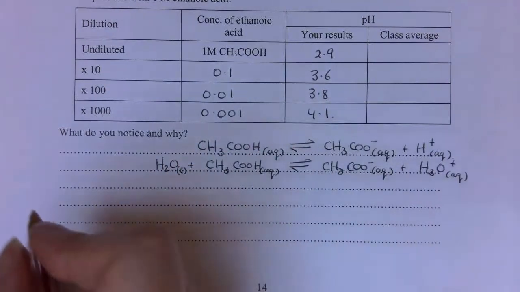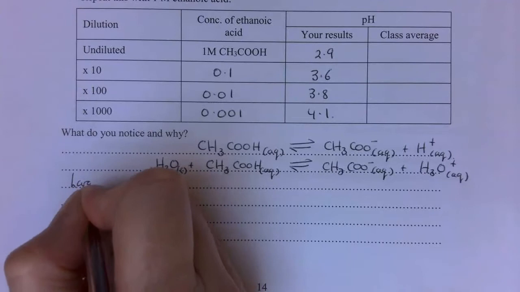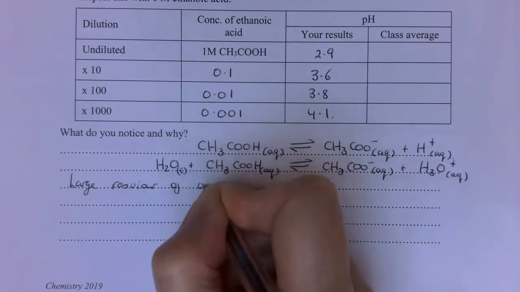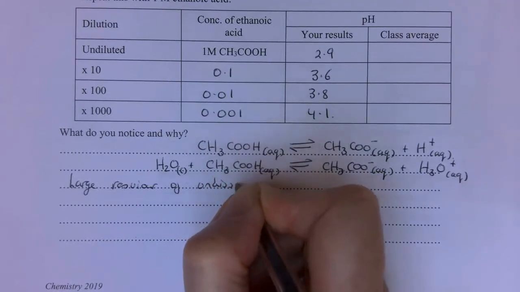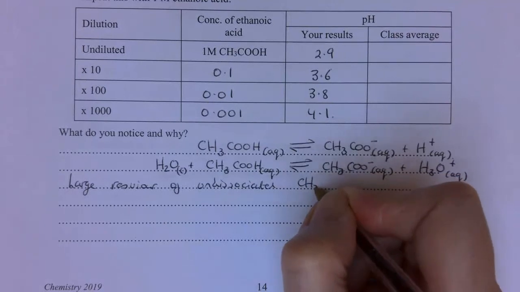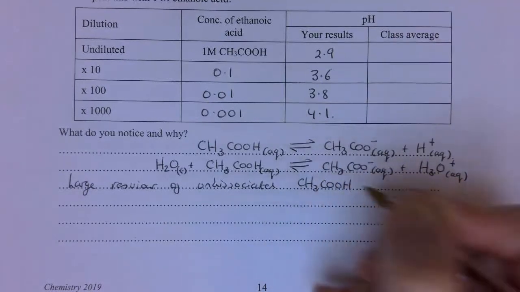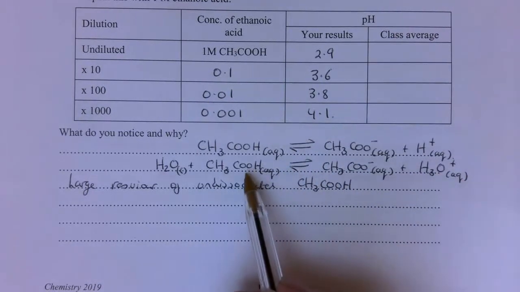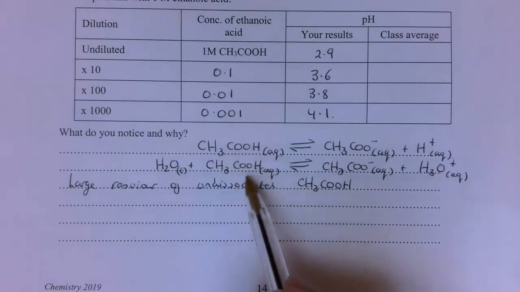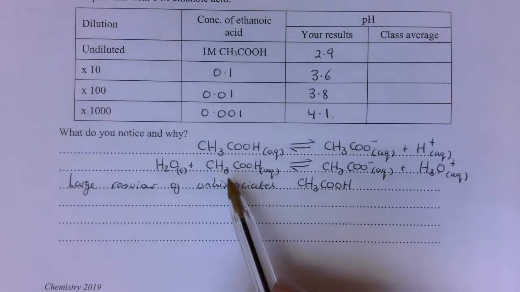Okay. Now we have a large reservoir of undissociated ethanoic acid. Okay, so remember this equilibrium position lies well over to this side. So we've got a large reservoir of this undissociated acid.